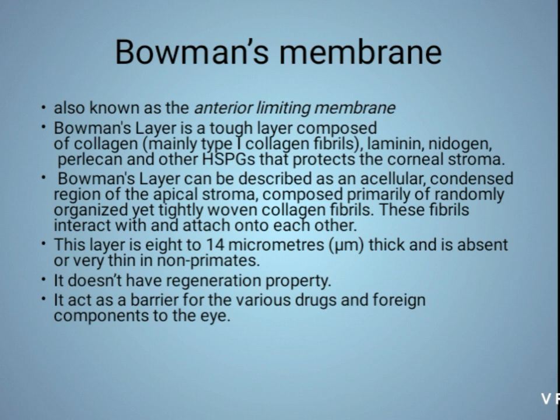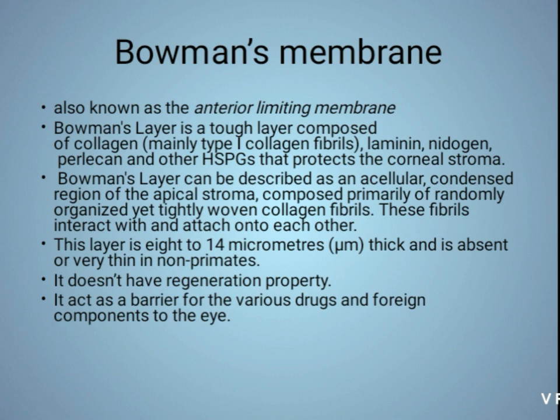Bowman's membrane is so tough that if the stroma is absent, Bowman's layer can help to maintain the shape of the cornea. Bowman's layer is acellular condensed, meaning the condensed part of the stroma is also called Bowman's layer. If we condense the stroma layer, what we get is Bowman's membrane.